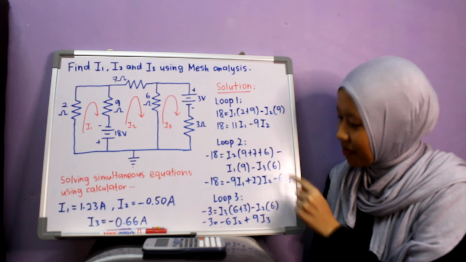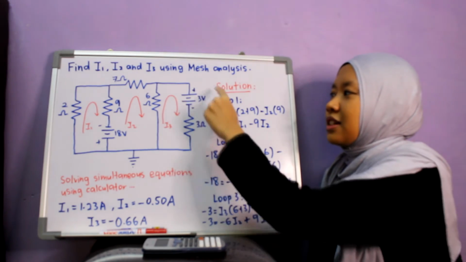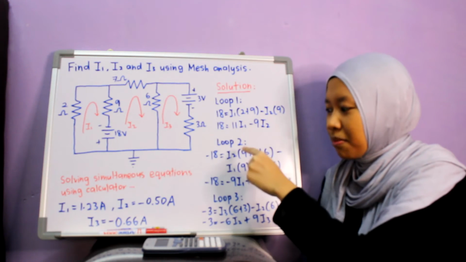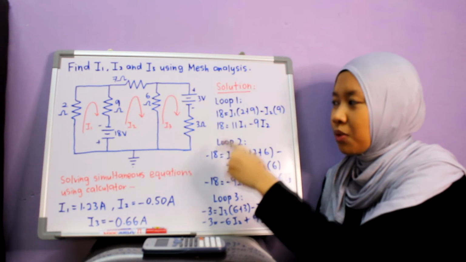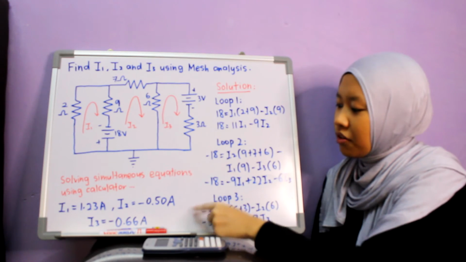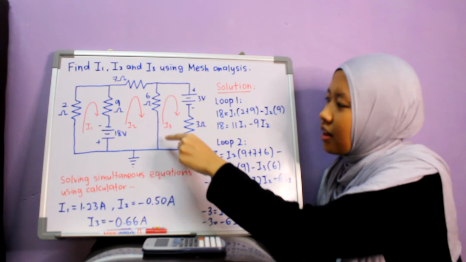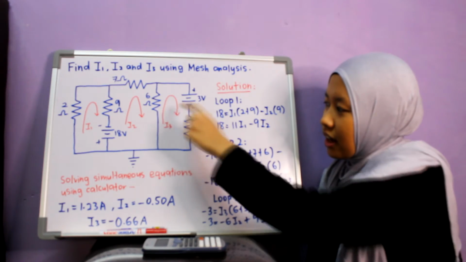6 I3. And then for loop 3, the voltage source is 3 volt, but the same as loop 2, the direction is opposite with the current direction, so the value will be negative 3. And then we follow the direction of the current, it will pass through 6 and also 3.